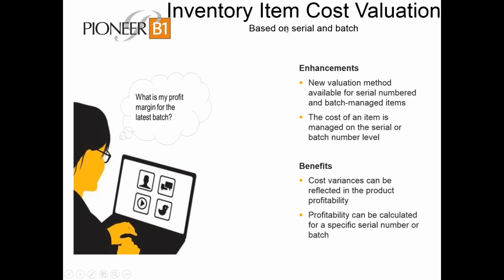Inventory item cost valuation was also introduced in 9.1, and that means if most of you up until now managed item cost by FIFO or by any other method, now SAP introduced a new valuation method called batch or serial number.